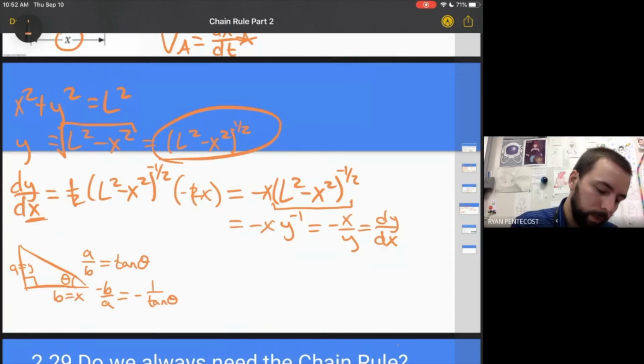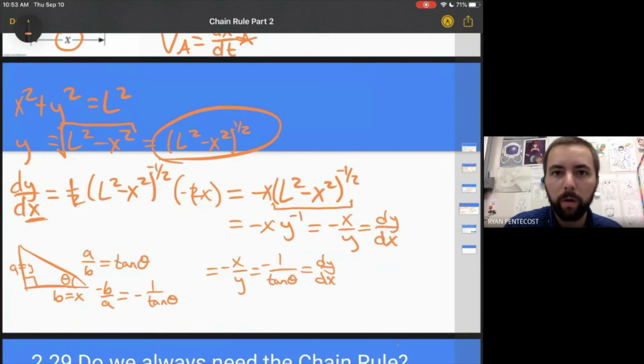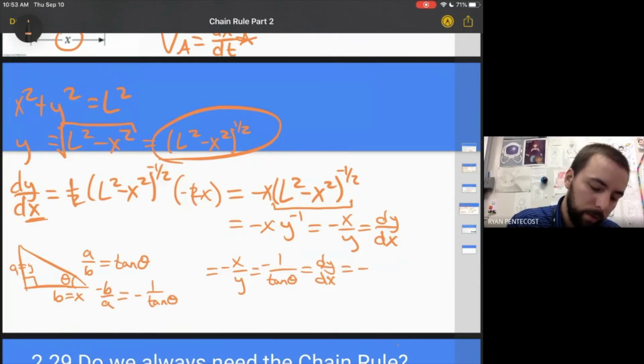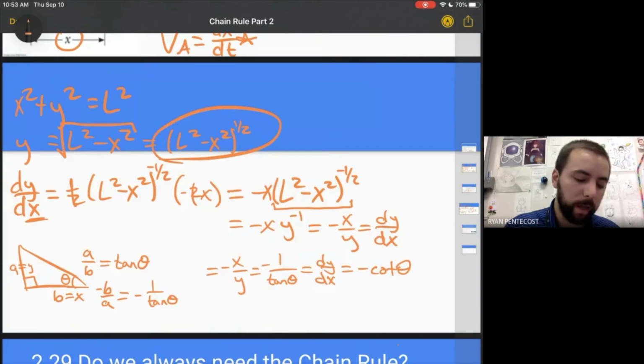So let's rewrite this. Negative x over y could be said to be negative 1 over tangent theta, and that could be our dy dx. But 1 over tangent theta isn't very pretty, so we will say that is negative cotangent theta, and that is the derivative of y with respect to x.